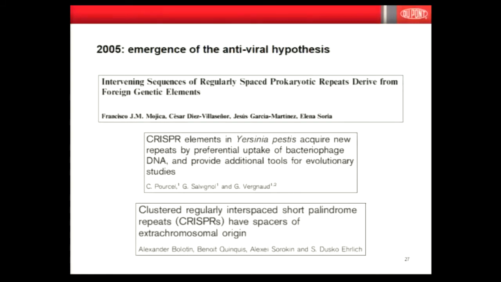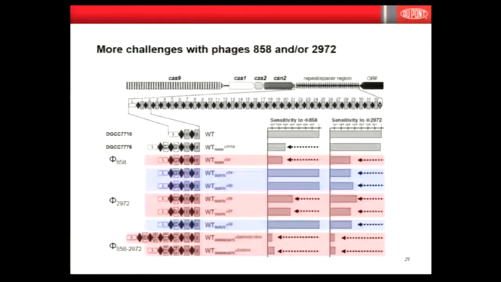So we decided to patent what we observed and tried to expand the number of cases where additional spacers could be generated. So we took the same strains, we took the same phage, and we did those challenges again.